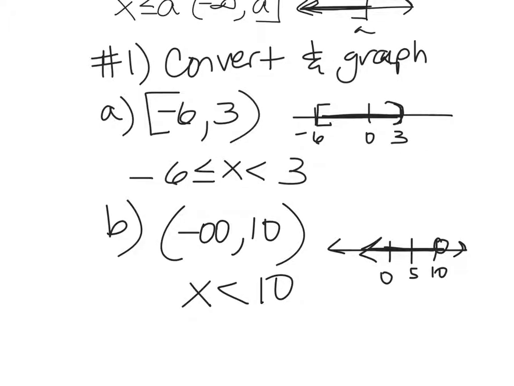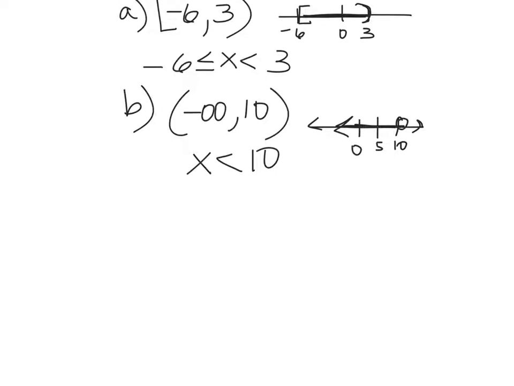You get it. All right, now let's go the other way, and this will be the last one of these, and we'll move on to actually solving some inequalities. Negative 2 is less than x is less than or equal to 7. Okay, that's an inequality written in inequality notation, the way you're kind of used to it, a compound inequality.